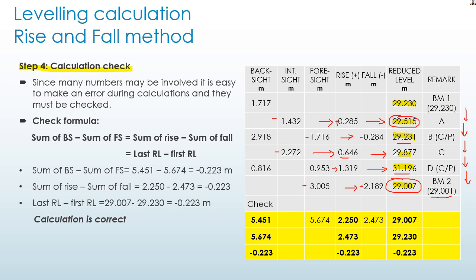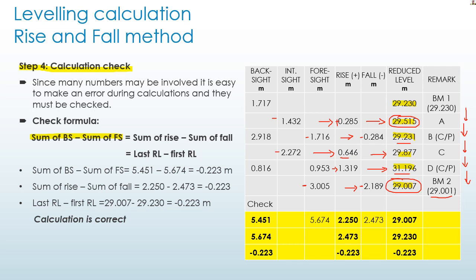To make sure that we have no mistakes in writing or calculating these figures, we can check for the errors, the same way we did with the height of collimation method. So now use the formulas for the calculation check.